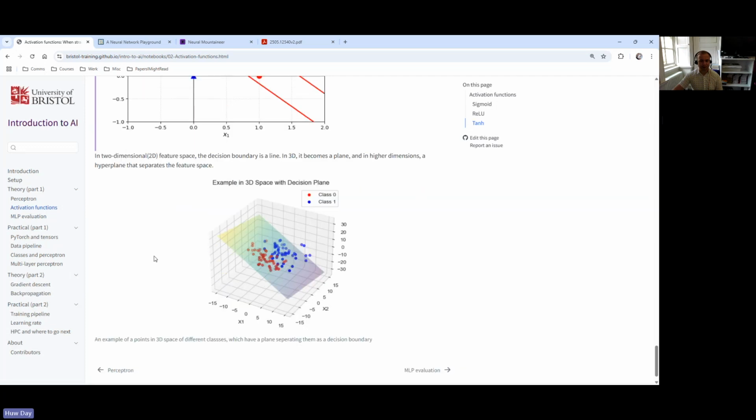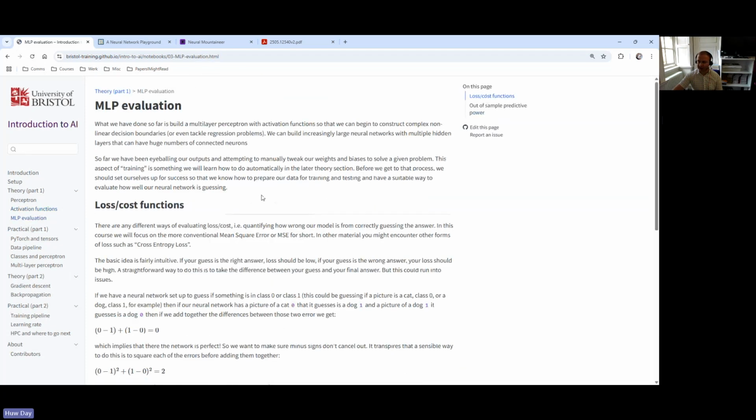Cool. So the last thing to think about, which is a little bit more pragmatic, and which should be a familiar concept if you've studied any machine learning or statistics before, is how to evaluate these multi-layer perceptrons.